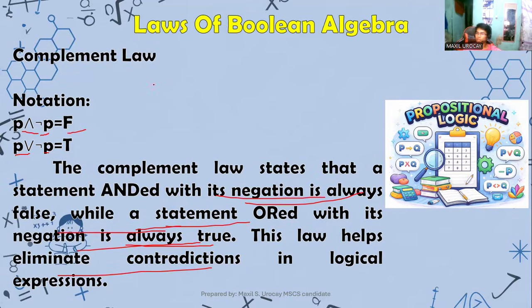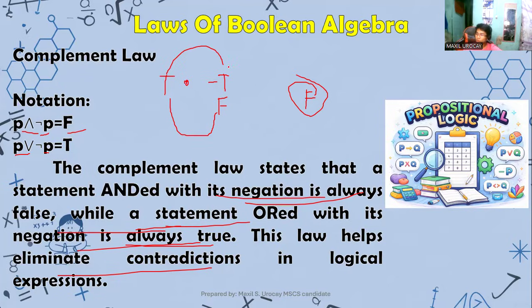How does it work? Say for example, if P is true, and then not P is not true. So not true will be simplified as false, right? True times false will become false. Because in our AND operation, multiplying true to false will always be false.